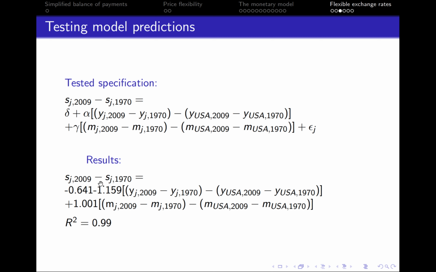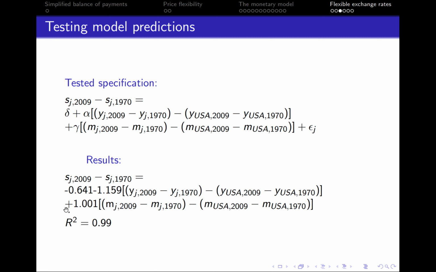Then we see that the parameter on the GDP differences is slightly above 1, is statistically significant at any conventional level, and we see that it's actually very close to 1. Our theory did not require it, but this is what happens.